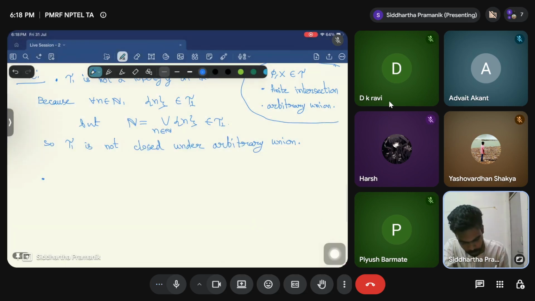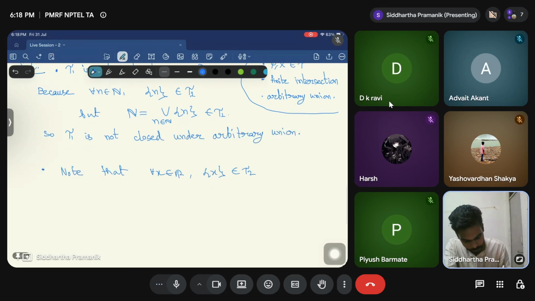So note that any singleton set will be in that collection. For all x belonging to the real numbers, if you take the singleton set, then it is a finite set, so it is a countable set. So it indeed belongs to tau 2. But let's take an uncountable set, let's say the open interval (0, 1).